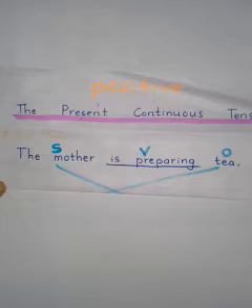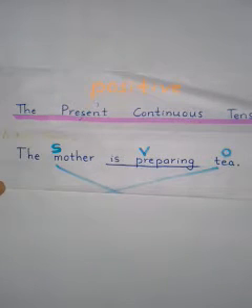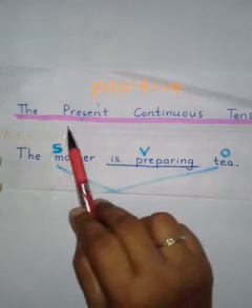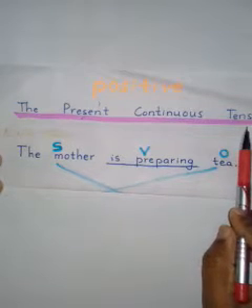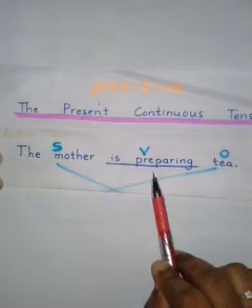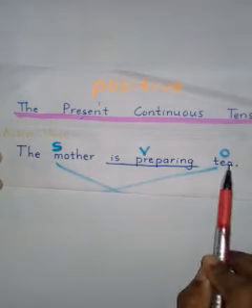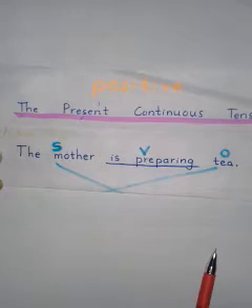We are still talking about the positive sentences. The present continuous tense. We identified the tense by looking at this verb. Now our second step is to change the places of the object and the subject.